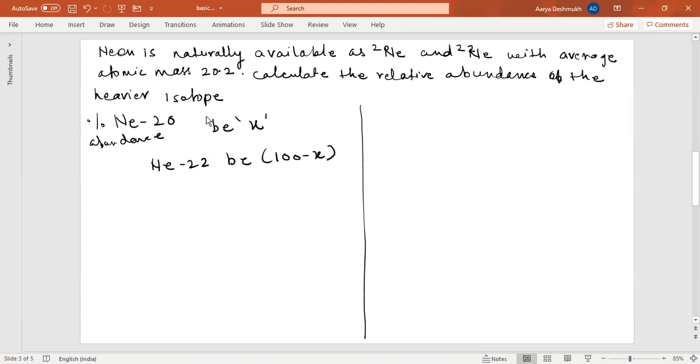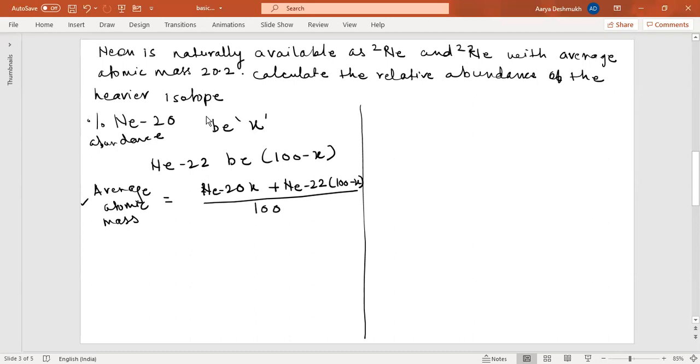Now you can calculate the average atomic mass, which is also given. This is the same problem. You can solve this on the same lines as we did earlier. So average atomic mass will be equal to atomic mass of neon 20, which we assume as x, plus atomic mass of neon 22, that is 100 minus x, okay, divided by 100, because we are calculating the average atomic mass.